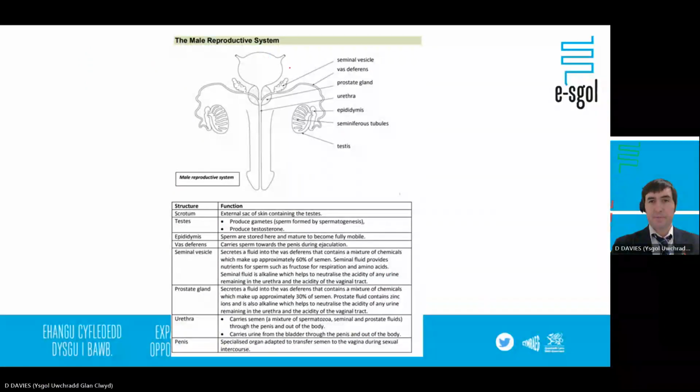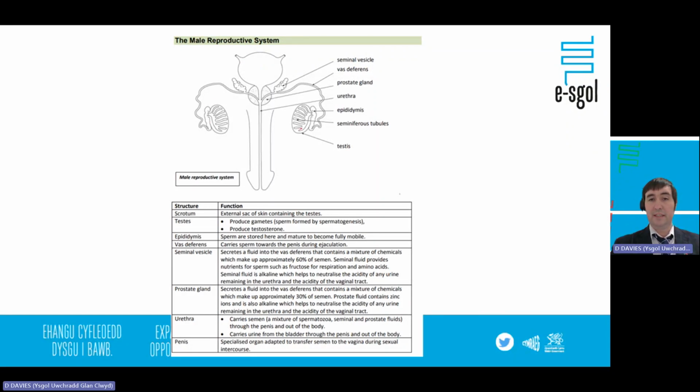It is sometimes called the urogenital system, urinary as well because it's connected to the urinary system. This is the urinary bladder connected there to the ureters, that you've learnt about in unit 3.7.